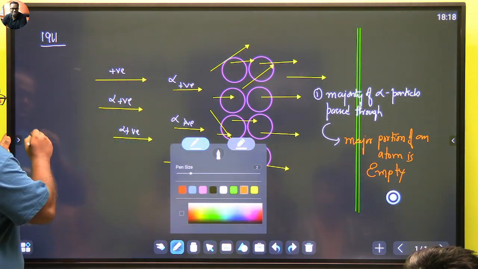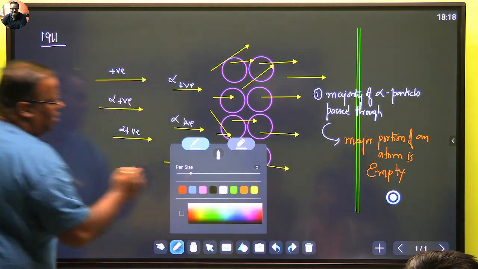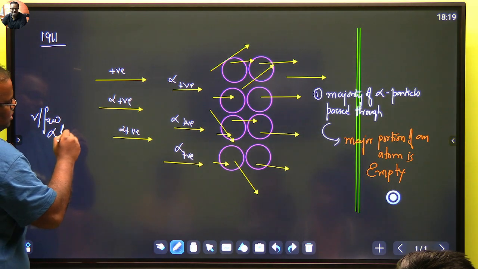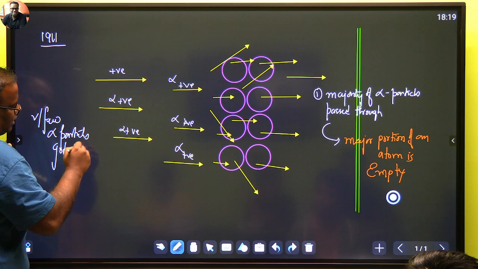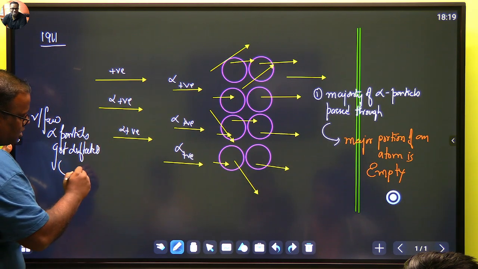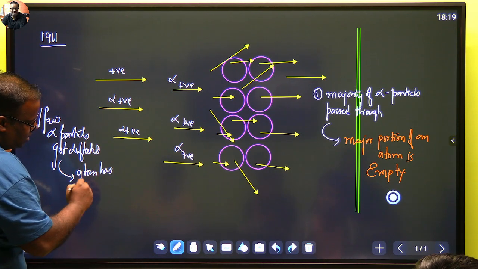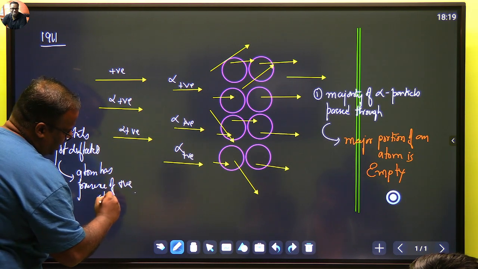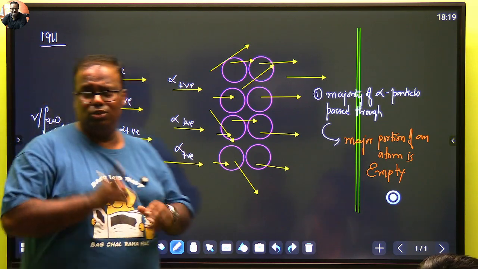Our next finding was that very few alpha particles got deflected, right? And this means that the atom has presence of positive charge. This is correct, but not in the manner that you told.